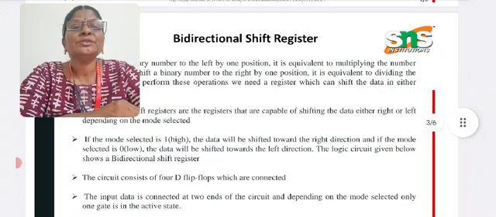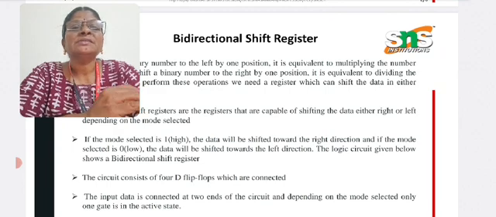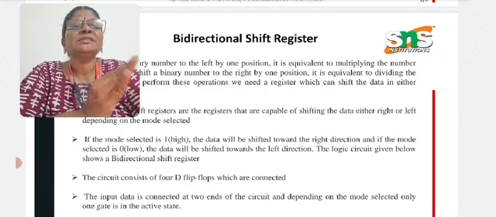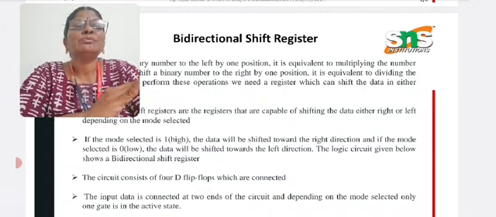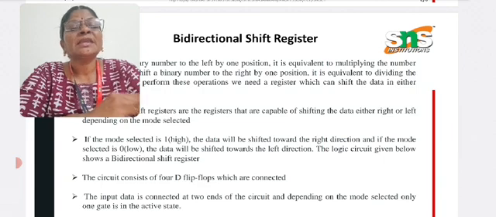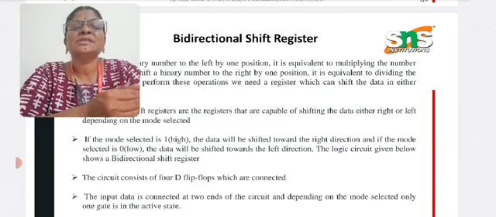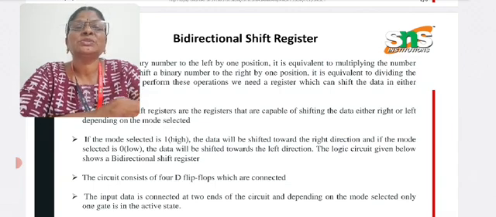Before going to the universal shift register, we should know what a bidirectional shift register is. If a binary number is shifted left by one position, it is equivalent to multiplying the number. Similarly, if it moves one step to the right, it is equivalent to dividing the number.